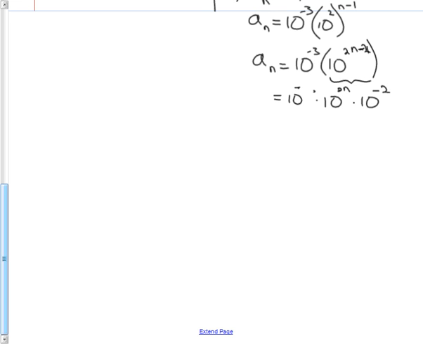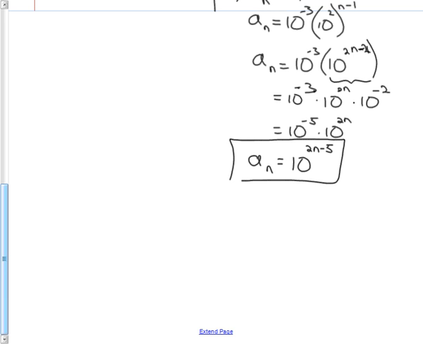So I now can combine some things, right? The -3 and the -2, I can put that together. This is 10 to the -5th times 10 to the 2n. Let's call that 10 to the 2n minus 5 power. So we're just using our properties until we've got it as simplified as we can.